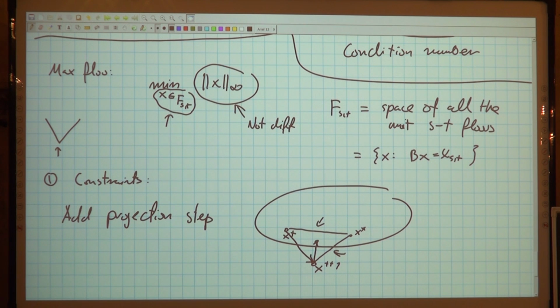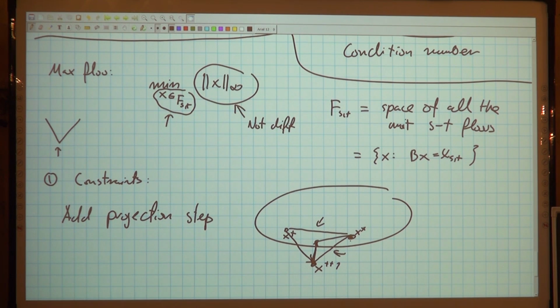How could doing the projection affect the distance? Well, the Pythagorean identity tells us that if I measure the distance between this point and this point, and then I project this point on this space, provided that this point was already in this space, then I can only bring two things closer. Such projections are only contractive in the distance. So I can only make even more progress by adding the projection.